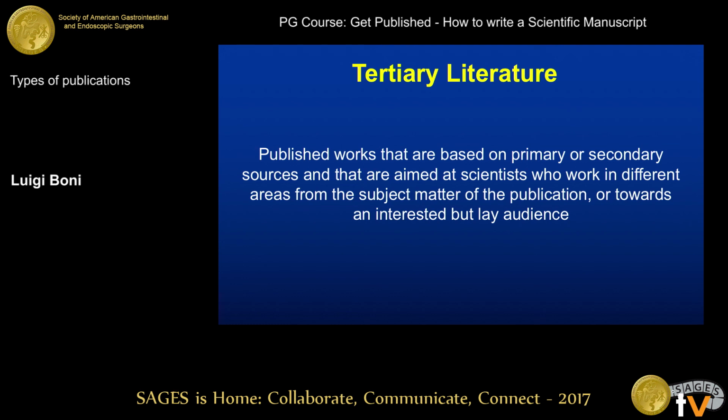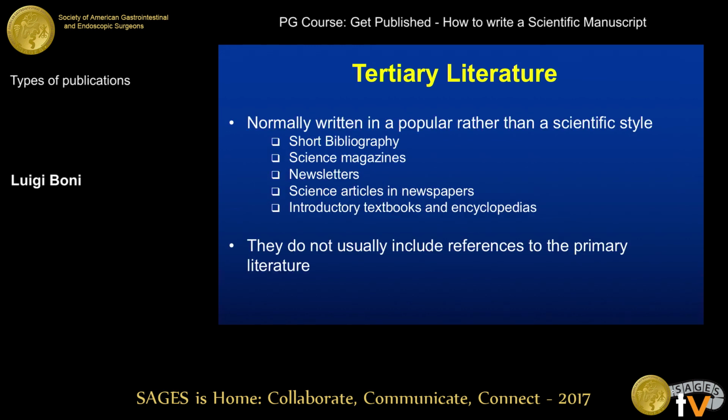Tertiary literature is basically paper or work that is based on primary or secondary sources, it doesn't matter, but made for a different audience. They're made for an audience that is outside the subject. This is very rarely of interest to a surgeon, but usually you have a short bibliography.